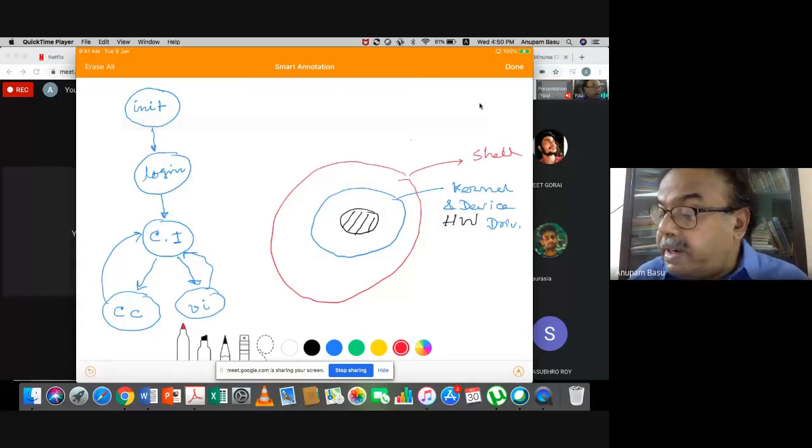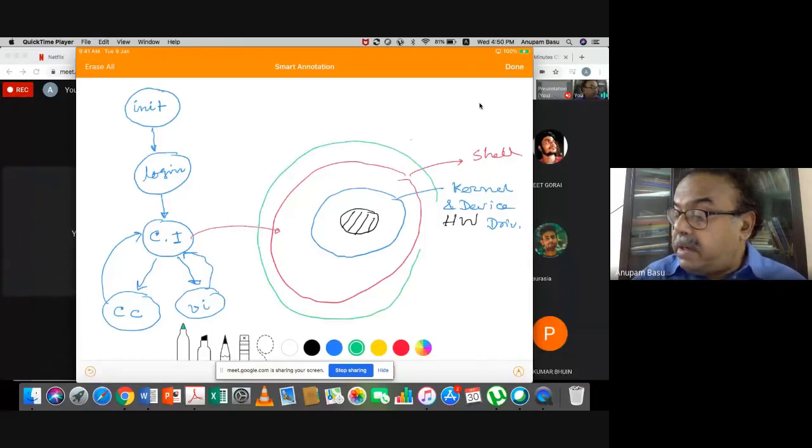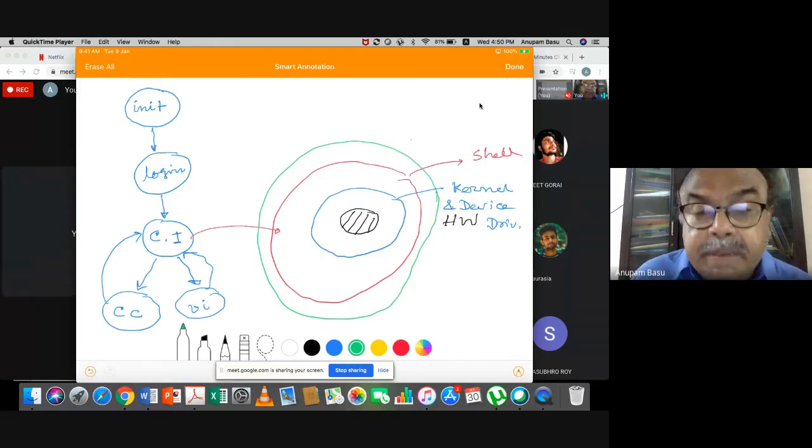And this command interpreter is nothing but this shell. All the shell commands that we give, we often say we are dealing with shell commands. That's nothing but the command interpreter. And around that shell, we may have some system programs lying, like the compiler, like vi, maybe the database management.